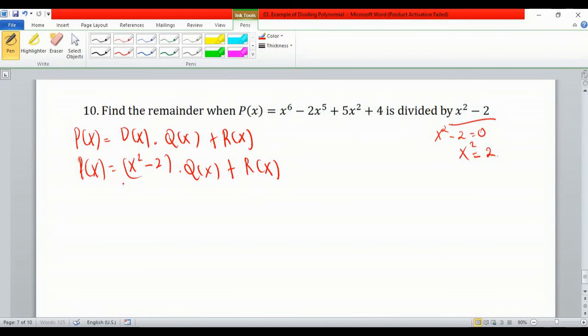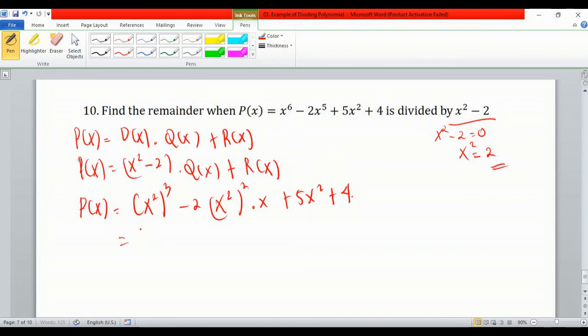So you need to substitute them with this one. So we can write again p(x) is equal to (x^2)^3 - 2(x^2)^2 times x + 5x^2 + 4. Okay, so you substitute the value here. So this one is 2^3. This one, if I substitute, this one is 0.